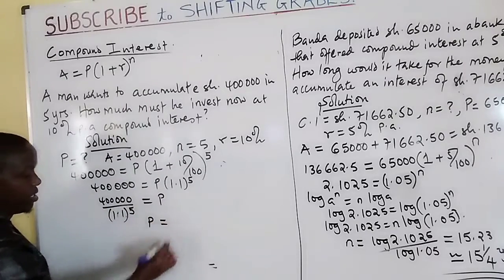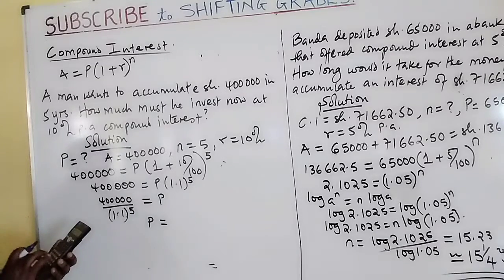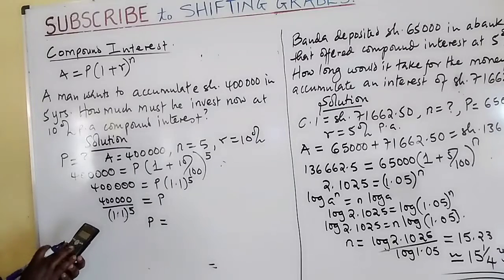So P will be calculated using the calculator: 400,000 divided by 1.1 raised to power 5.